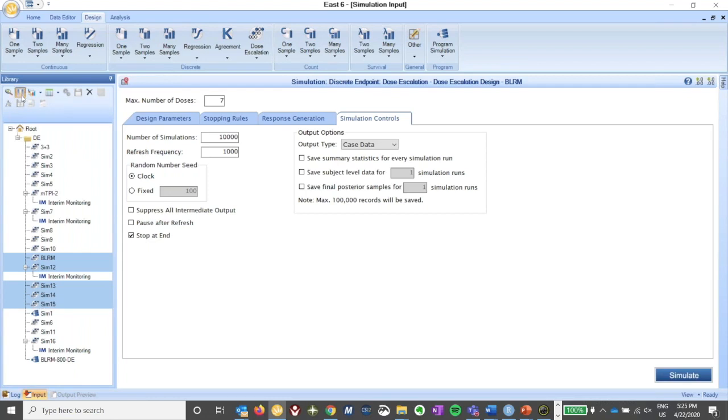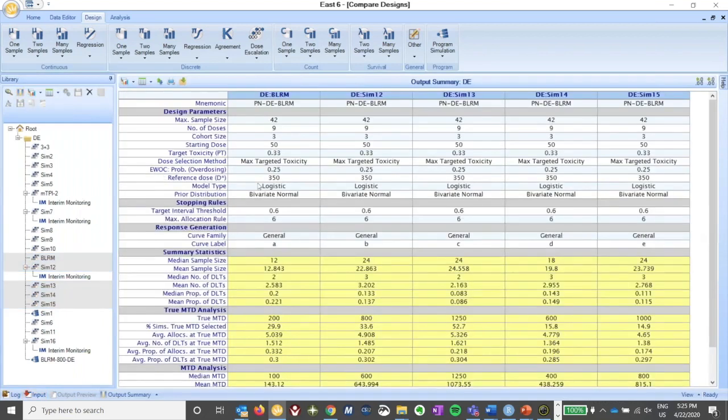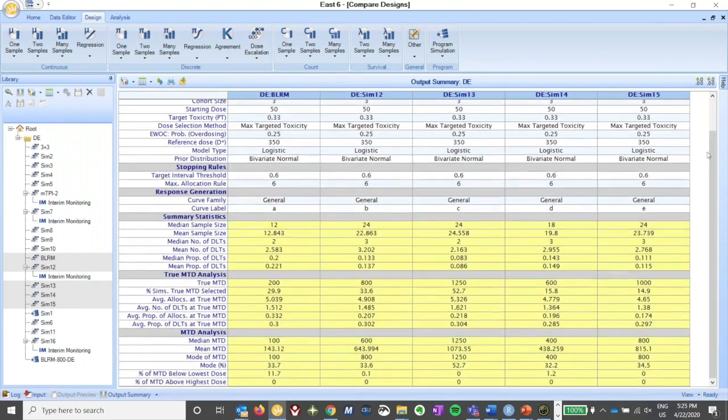This is initially the summarized output. The summarized output here shows you that we have scenario A, B, C, up to E, as you can see here. And in blue and white, you will see a repetition of the inputs. In yellow, you will have the things that were actually calculated in the design.